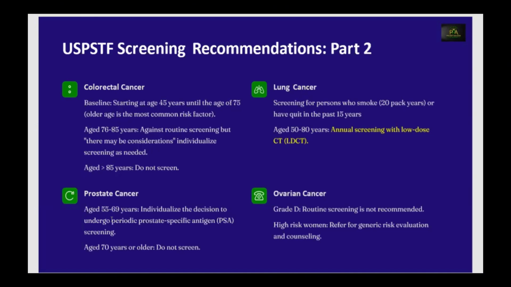And you also need to know the PSA level. We said greater than 2.5, check every year. Less than 2.5, check every 2 years. Greater than 4, we say to refer. Greater than 10, biopsy. So please remember your men's health.